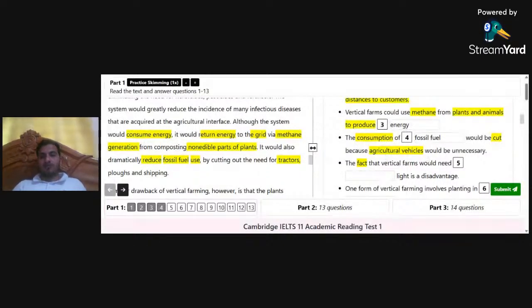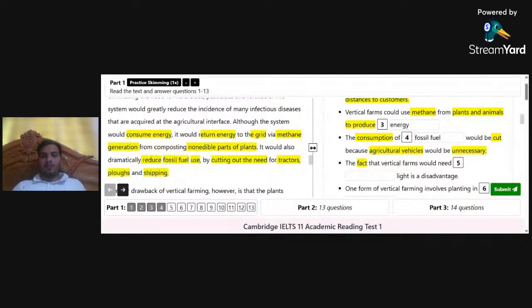Because agriculture vehicles would be unnecessary. Cutting out the need is actually unnecessary of agriculture vehicles, for tractors, plows, हल चलाते हैं, and shipping.